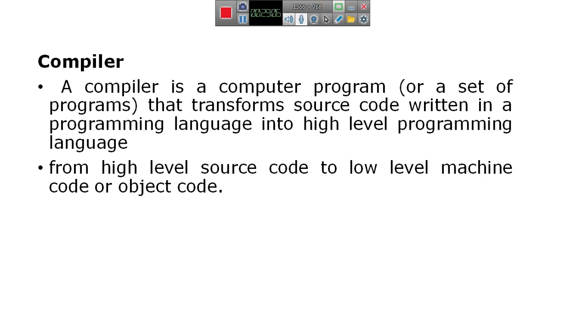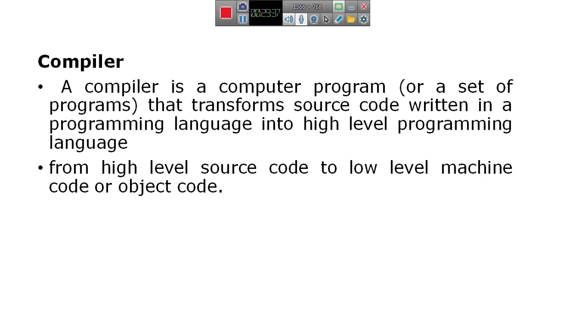The advantage of a compiler is that it converts the total code, or the entire source code written in a high level programming language, into machine code at a time. A compiler is a computer program.